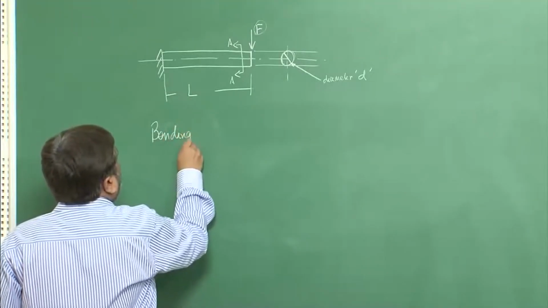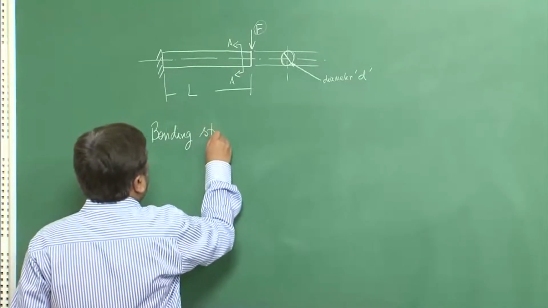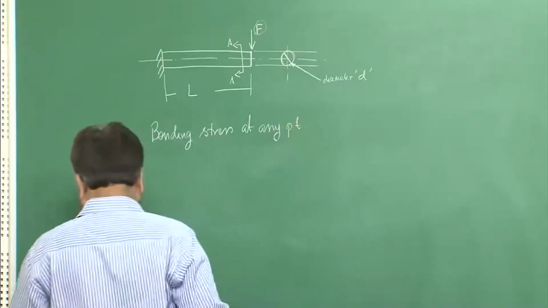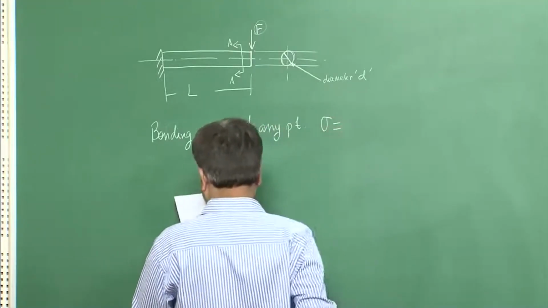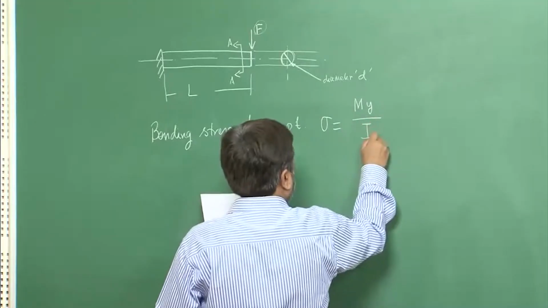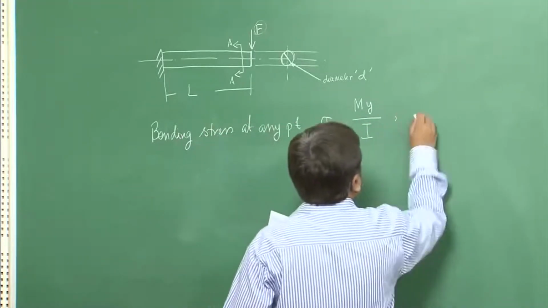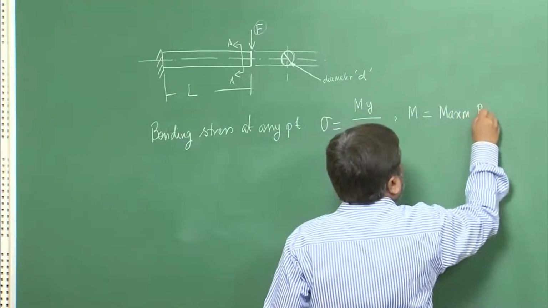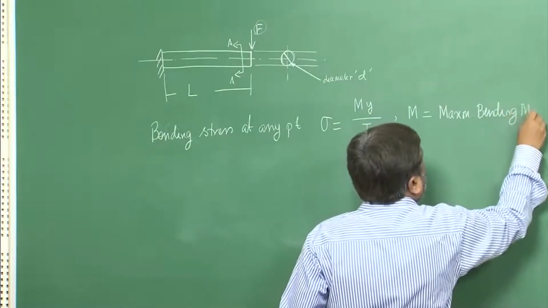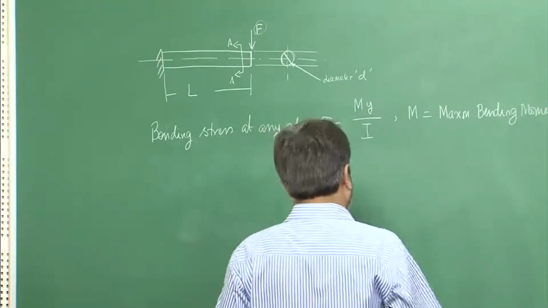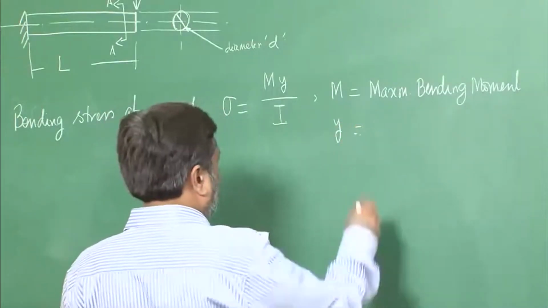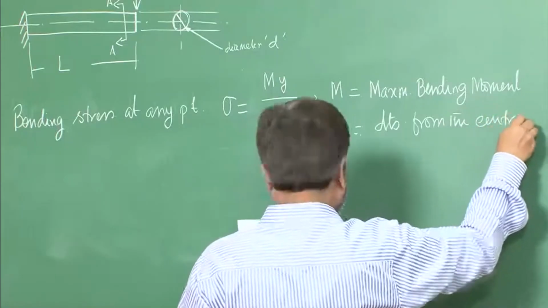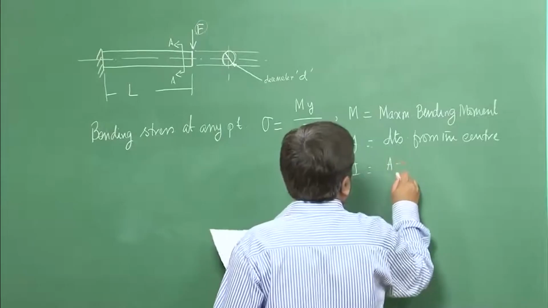As is evident, the beam is undergoing bending, so it is the bending stress which is critical, and that can be defined at any point by this simple relationship: sigma equals M y over I, where M we will consider to be the maximum bending moment, y is the perpendicular distance from the center, and I is the area moment.